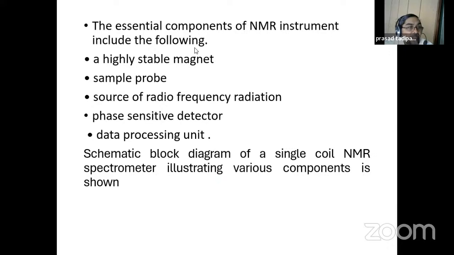This is using a single coil spectrometer. As I said, you have a highly stable magnet, a sample probe, a radio frequency radiation source, a phase sensitive detector, and a data processing unit or computer. So with this, you can record the NMR spectrum.